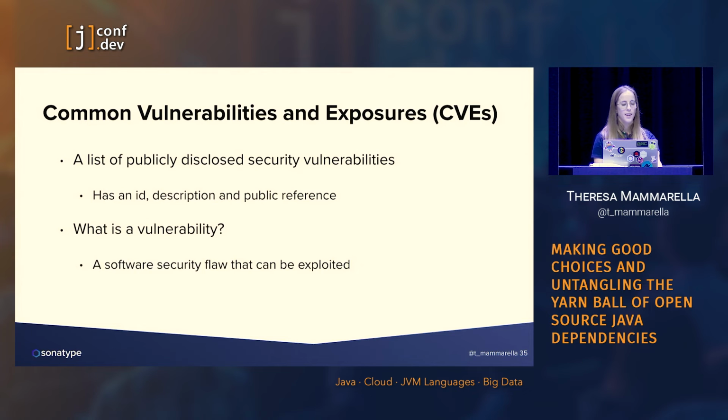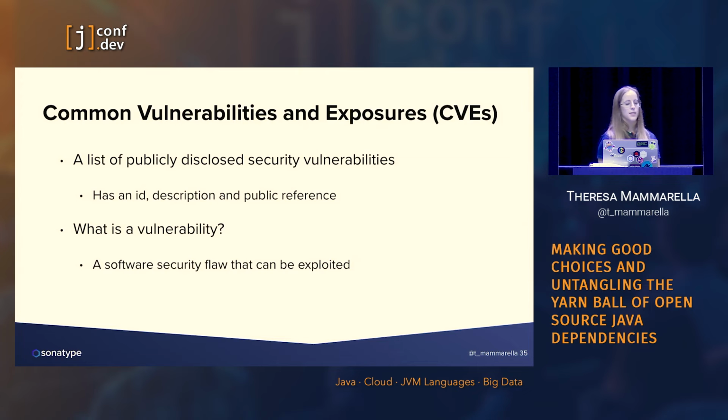This is a way of categorizing public vulnerabilities as they come out. And a vulnerability is a security flaw that can be exploited and is proven to have been possible. So these are pretty basic. They have an identifier and a description, but it doesn't tell you a whole lot other than that.